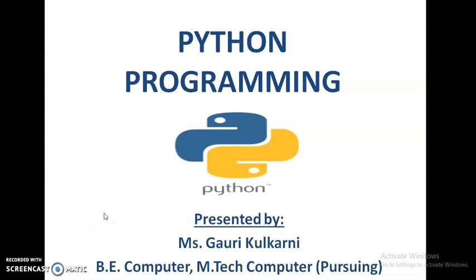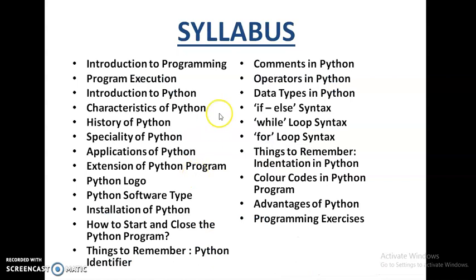So again, welcome back to the Python programming. Now, if we see the syllabus, you will understand that we have come so far in this journey of learning Python programming. We have started with the basic concept of programming, that is introduction to programming. Then we learned about program execution, and then we started learning Python.